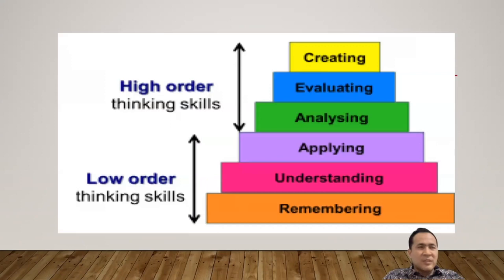Your items in a test, your items in the assessment should be high order thinking skills. Yeah? You can use low order thinking skills as a bridge before going to high order thinking skills.